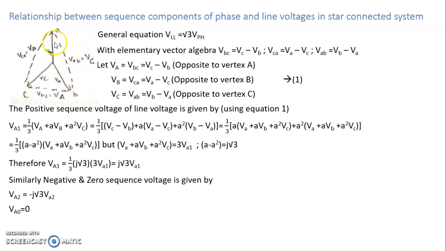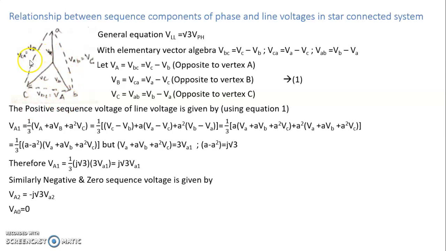So let us designate capital VA as VBC, because this VBC is opposite to the vertex A.